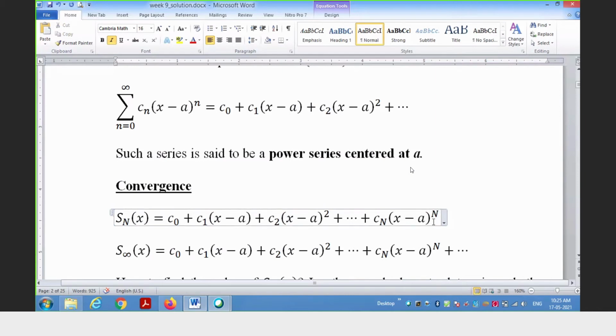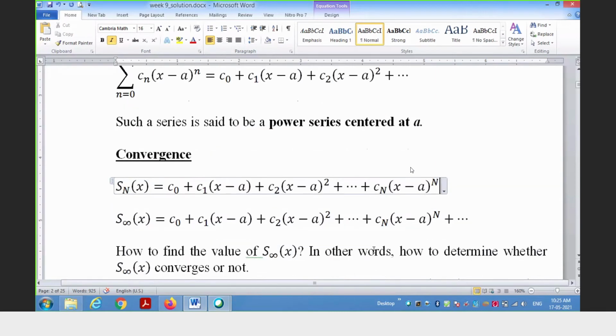But the problem is when it involves an infinite series, in this case when it involves the n partial sum as n approaches infinity. The terms are infinitely many. It won't stop, and you won't get the value.